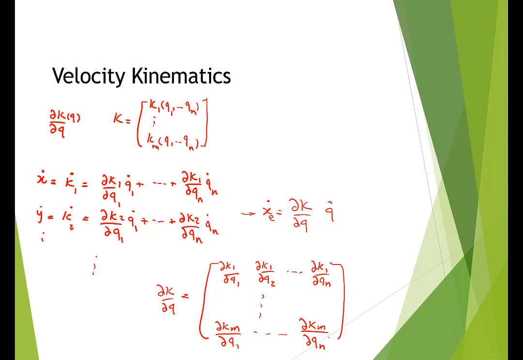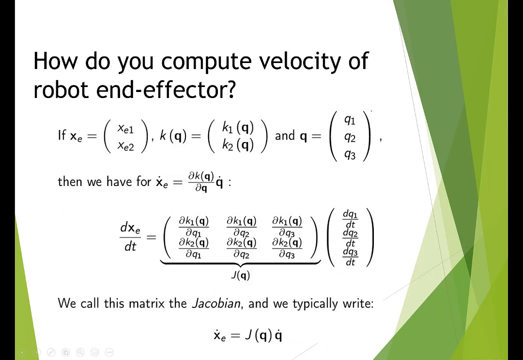This is a gradient. This is a derivative of a vector with respect to a vector. And in the forward kinematics, when we take this derivative and calculate this, we call this matrix the Jacobian. This is all we need to estimate the velocity of the robot end effector.